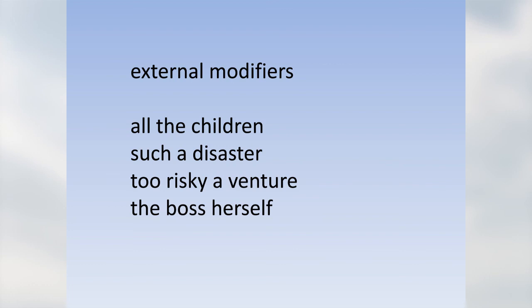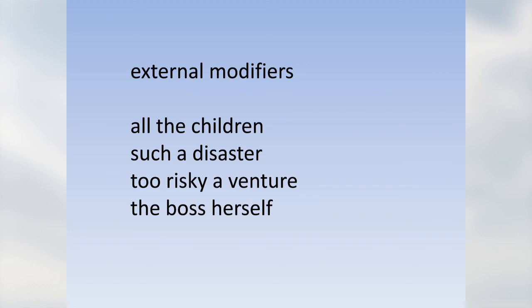Now here, too risky a venture. Too does modify risky, right? Something's too risky, something's very risky, something's not risky enough. So too risky is a phrase. Can you tell what kind? You know what risky is, right? Right, adjective phrase. So too risky is an adjective phrase. And then you have a determiner here.